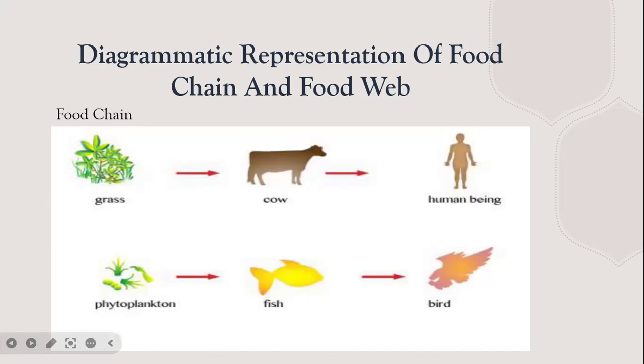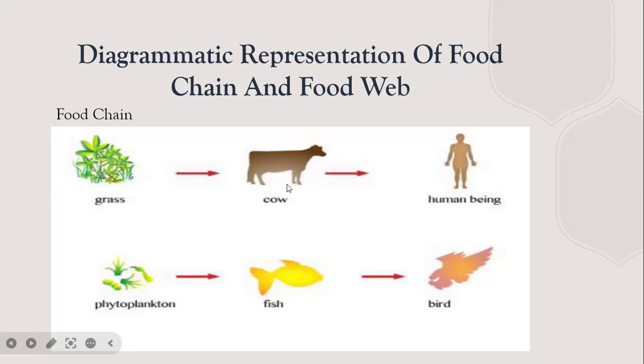We said that the food chain is just a simple sequence of the consumption of food, starting from the first stage, then to the primary consumer, then to the secondary consumers. Here we see that there is grass, then comes the cow, the one that eats the grass, and the cow is eaten by the human being.